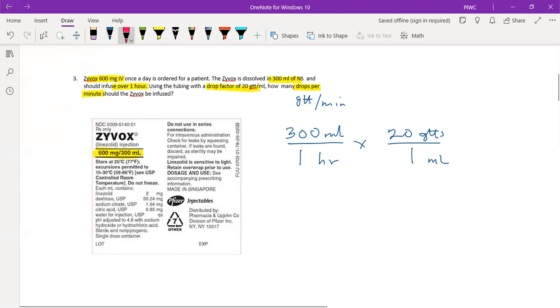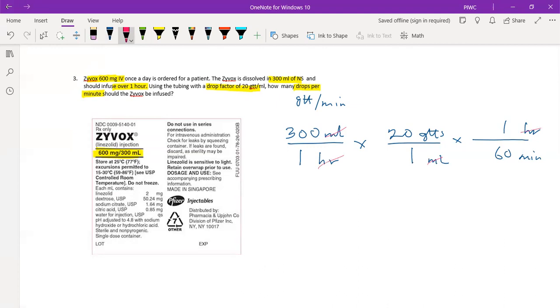You can cross out the units, ml. So far you have GTT per hour, drops per hour, but you want to go to drops per minute, so you have to keep going. Now we're going to change the hours to minutes. The conversion factor is 1 hour to 60 minutes, with minutes in the denominator, so the hours will cross out.